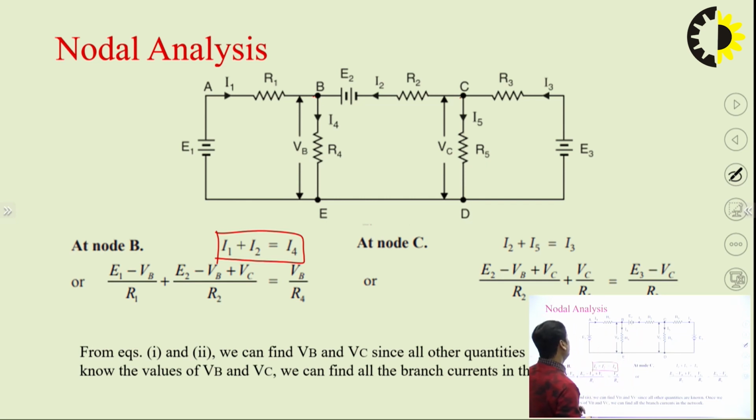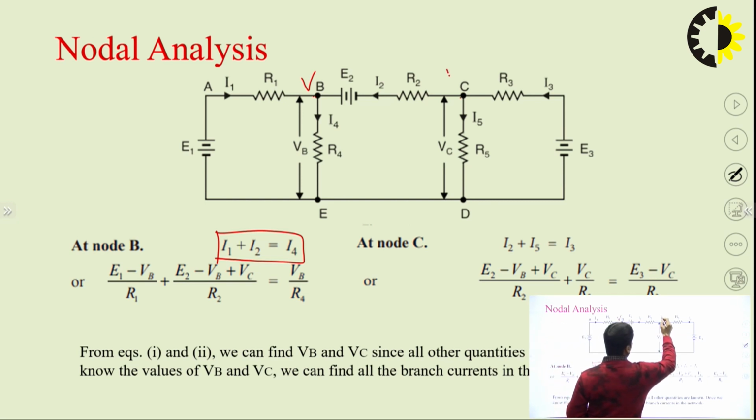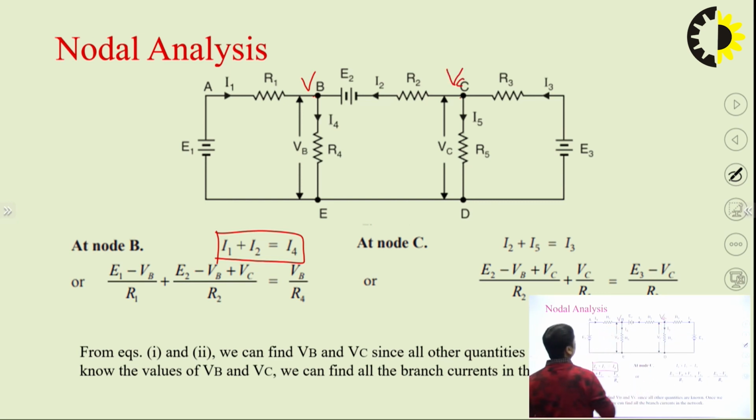So what is I1 here? I1 is the current flowing in this direction, and current always flows from high to low potential. So this E1, suppose this node B has some voltage called VB, and this node has some voltage VC. This is VB, this is VC. So the current I1 is equal to high to low: this voltage E1 minus this voltage VB upon the resistance between the two, that is R1.